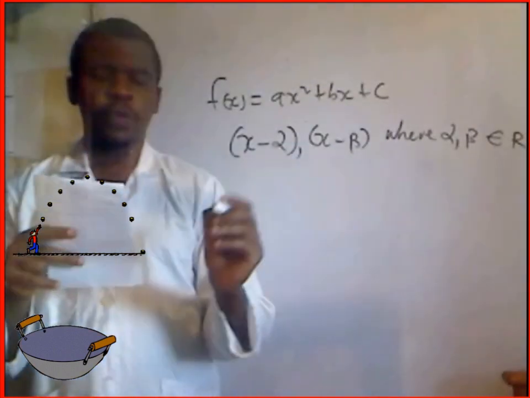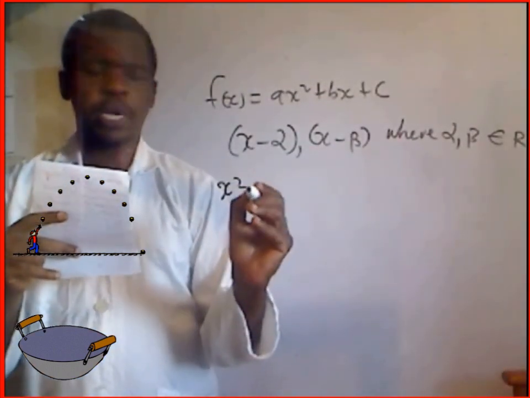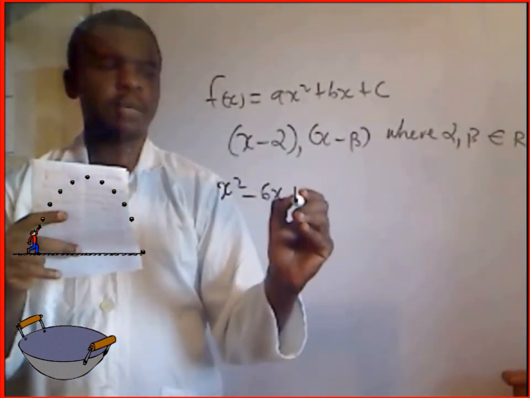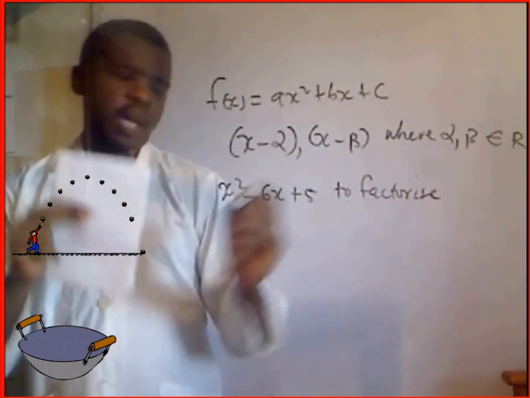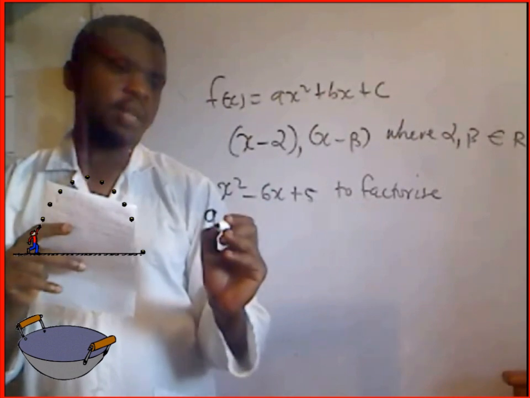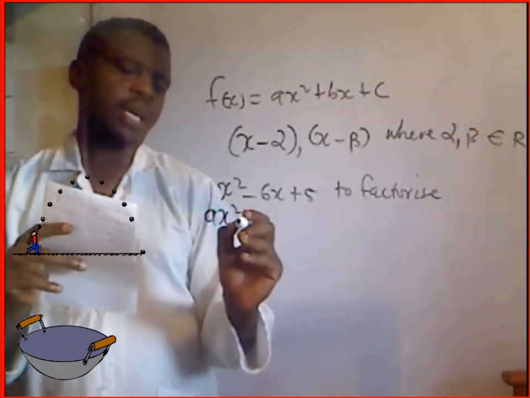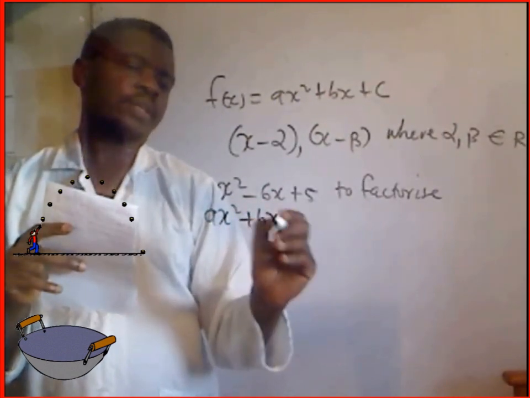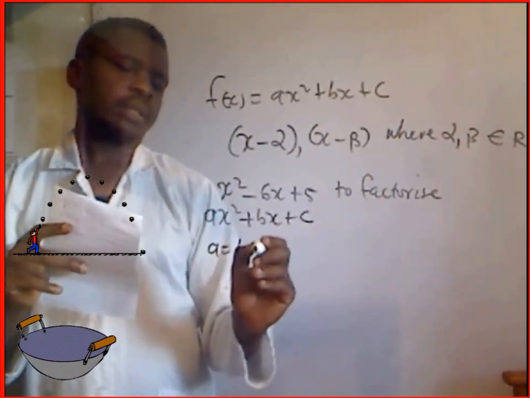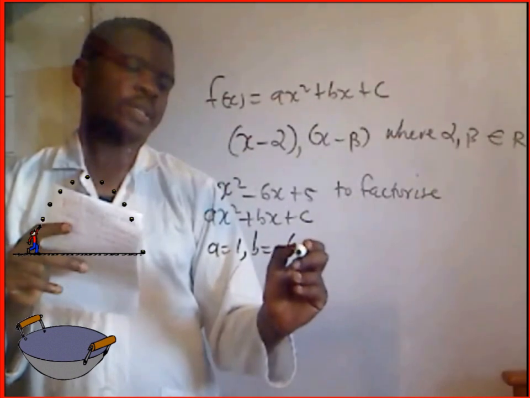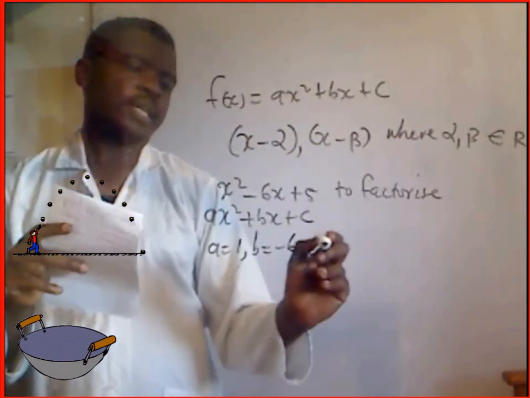If you are given this function x squared minus 6x plus 5 to factorize, I compare this to the general quadratic function ax squared plus bx plus c. My a is 1, my b is minus 6, and c is 5.